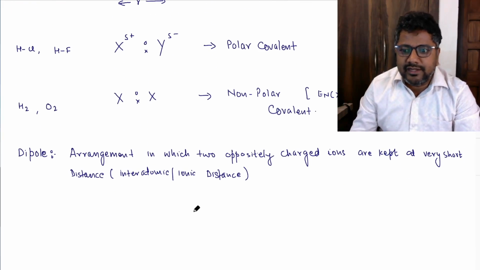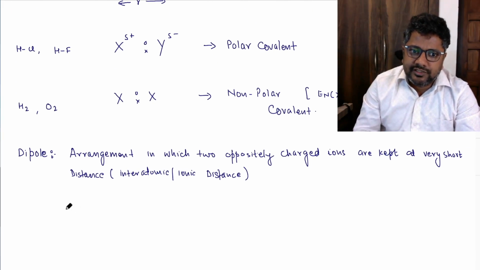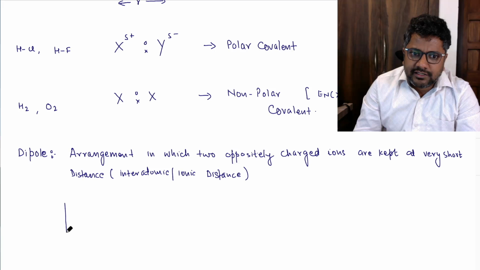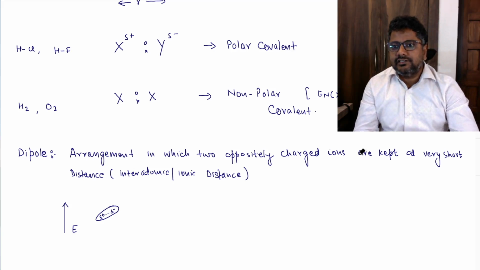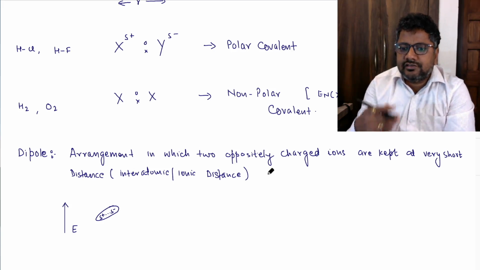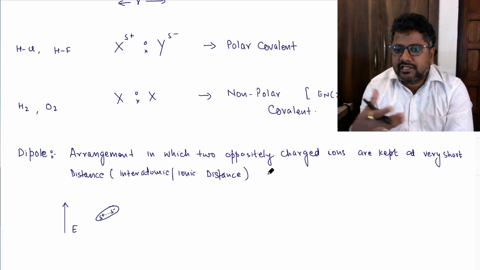And what is the moment? If you apply an electric field in some direction and put a dipole there, a positive and negative charge, note that this definition does not say there should be a specific amount of charge. The amount of charge could be anything.